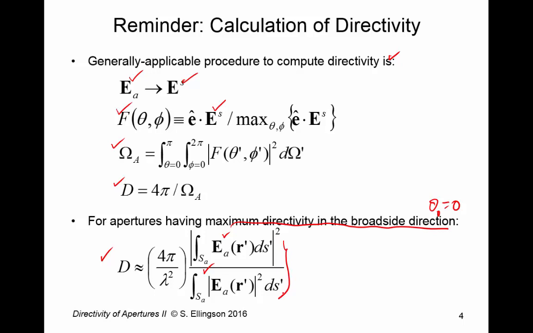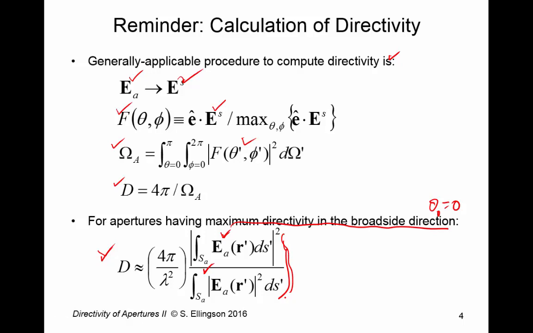And then if we have effective aperture, we can get directivity using the normal expression. And this was attractive because it's relatively simple to do. These integrals are just over the aperture, whereas this is an integral that's volumetric, and this is an integral that's volumetric. So this appears to be somewhat simpler and faster to compute.